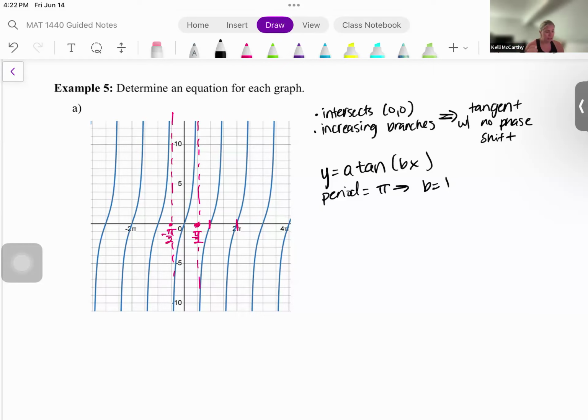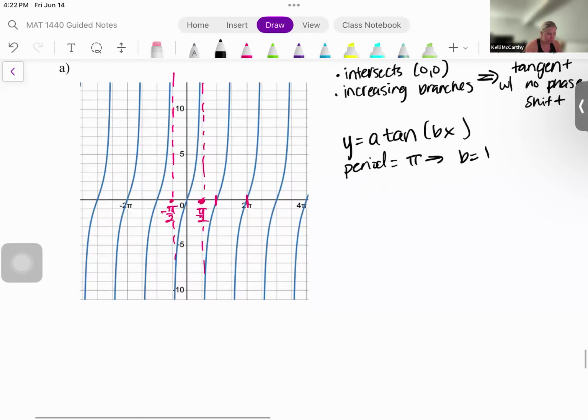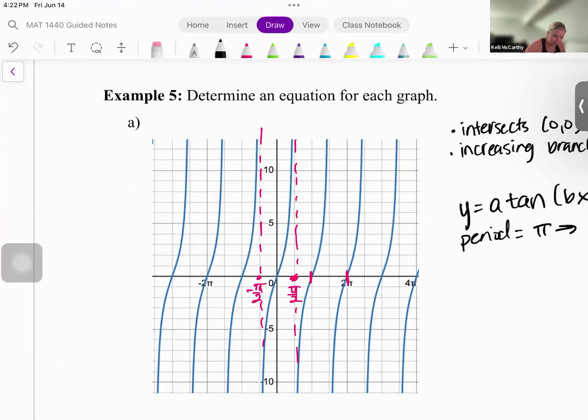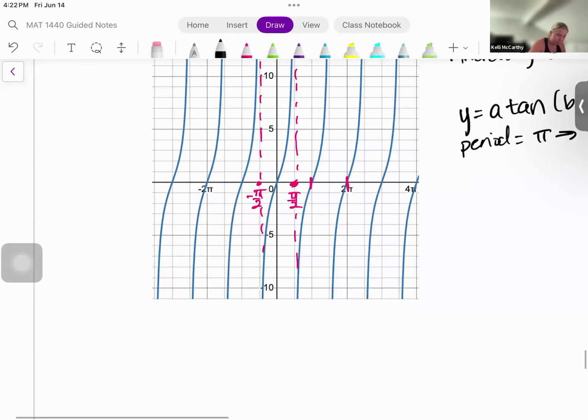Now, thinking about this section, I'm going to try to zoom in a little bit further. This is about as far as I can go. I'm going to do some cleaning up here, keeping my asymptotes. But what we're going to try to do is divide that segment between the two asymptotes into fourths.